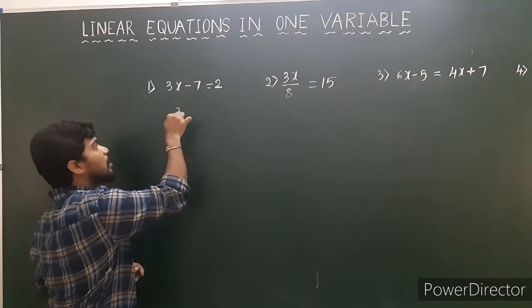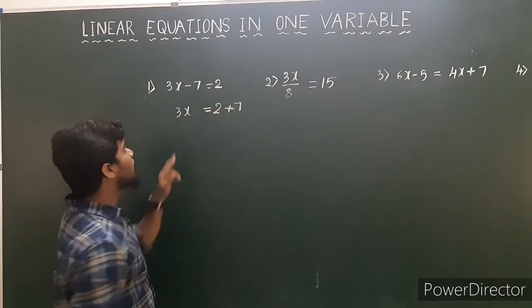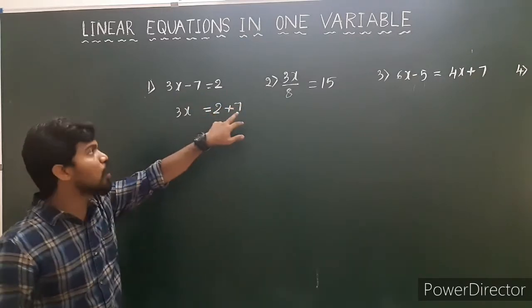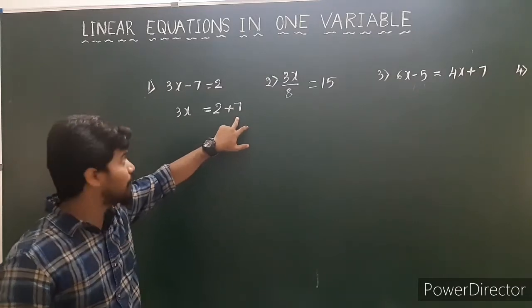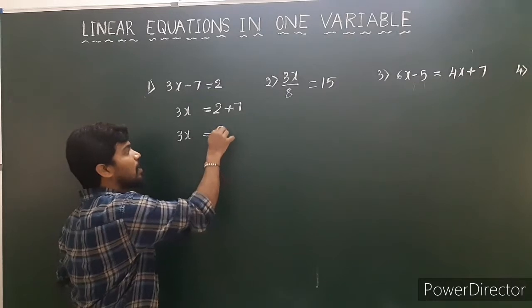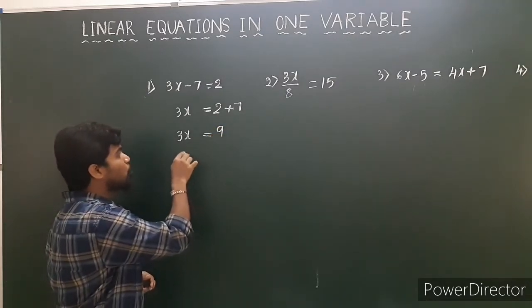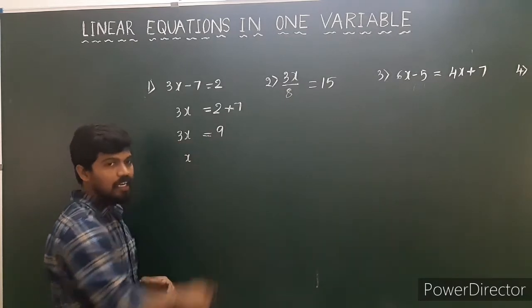So 3x equal to 2 plus 7. When minus 7 is transposed to RHS, it becomes plus 7. So you get 3x equal to 2 plus 7, 9.